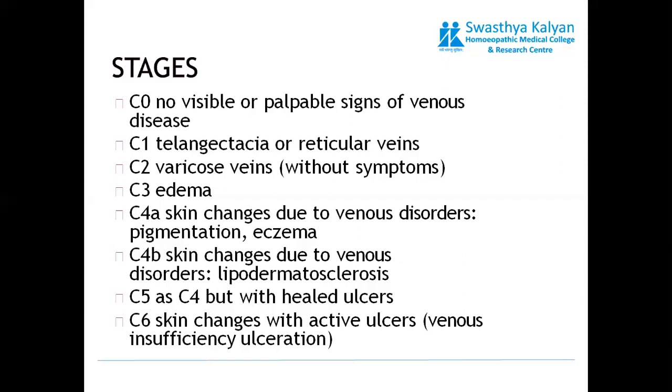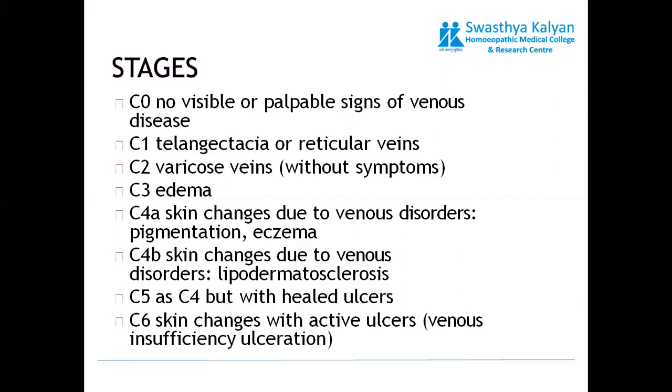In C1 stage, what you find is telangiectasia or reticular veins, where we see it's palpable that the veins have been engorged. In C2, we do state that the varicose vein has developed, but it's presenting without the symptoms.